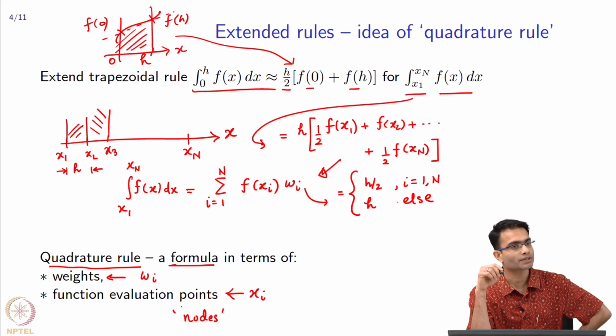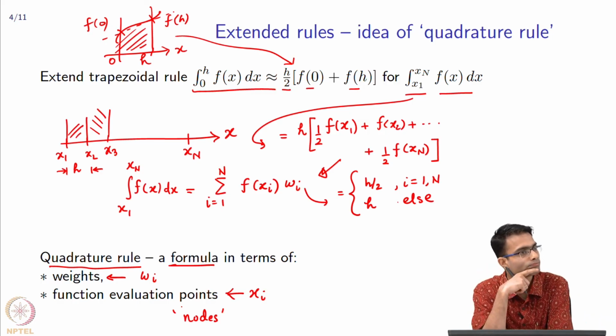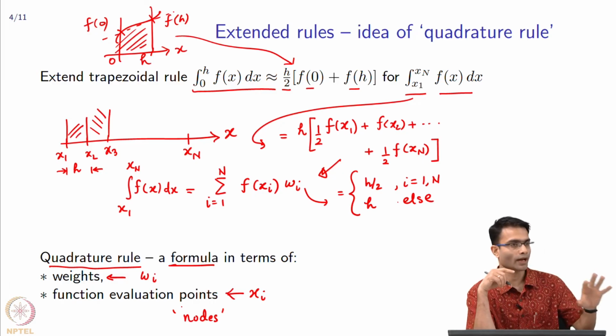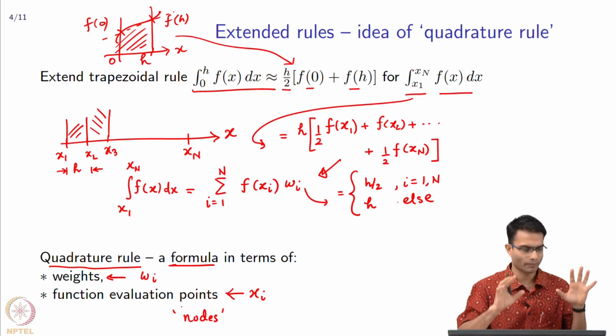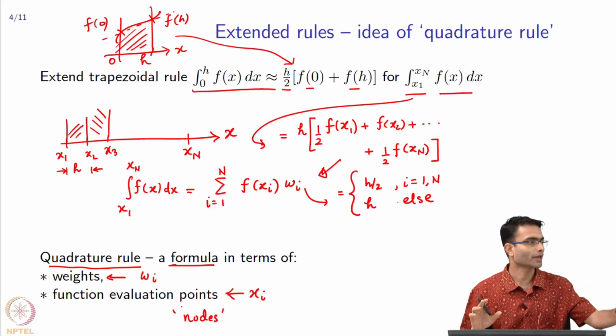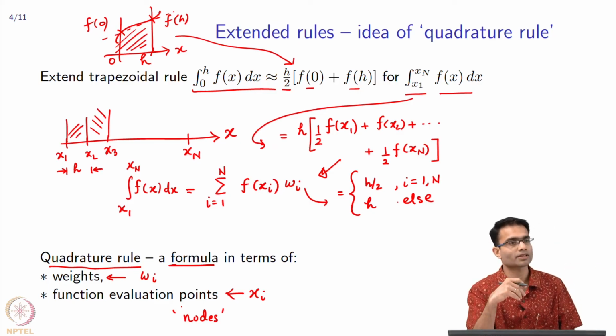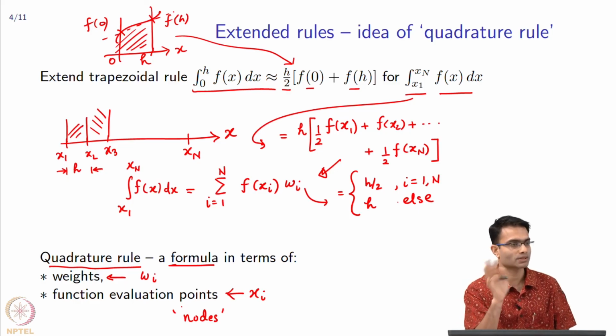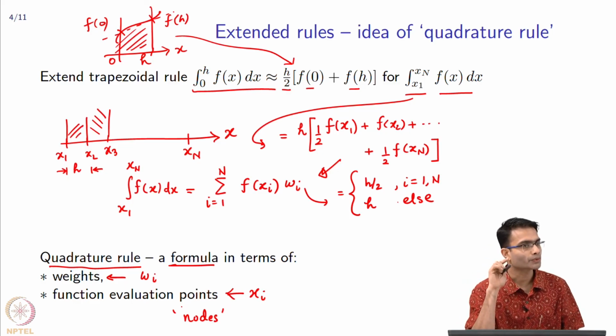So will I have to change the quadrature rule? No, I have invented, after a lot of hard work, a quadrature rule. Okay, and I use it to integrate f(x). Now you come along tomorrow and say, no, I want to integrate g(x), where g is some different function. Do I need to change the quadrature rule?